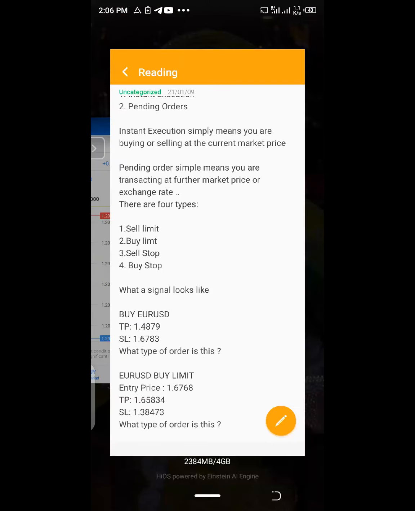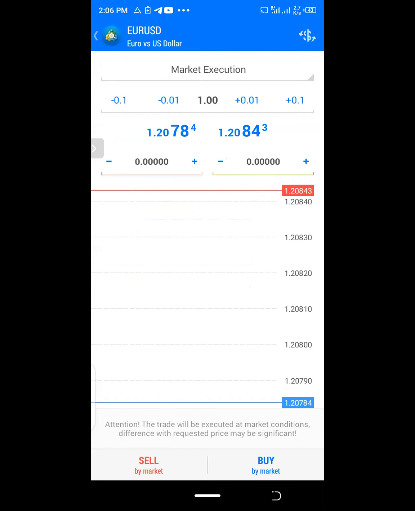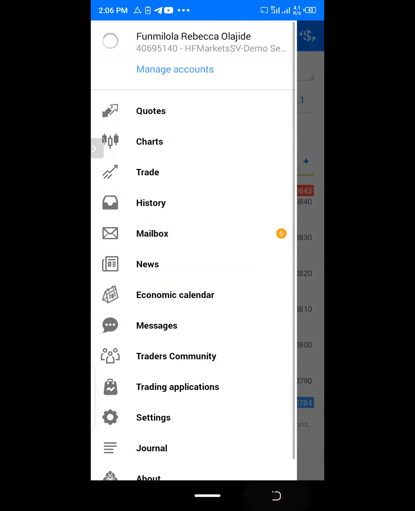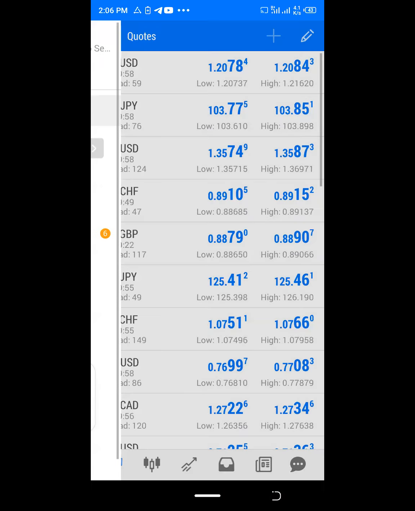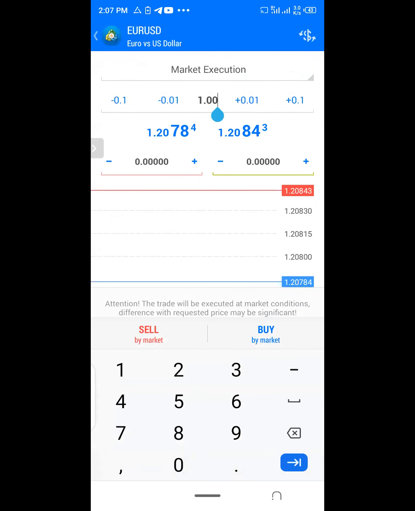For the first one, I come to my MetaTrader and look for Euro USD. Click on Euro USD, click on new order. The first thing I need to do is change my lot size. Please do not miss that. You need to check what lot size you have there and change it to the right lot size for your account size, so you don't end up using the wrong lot size.